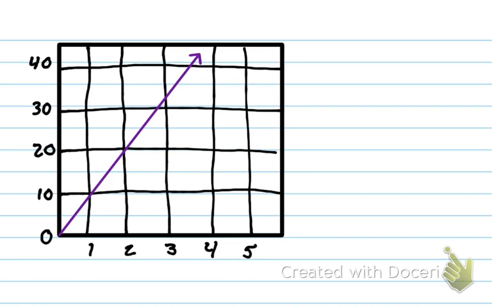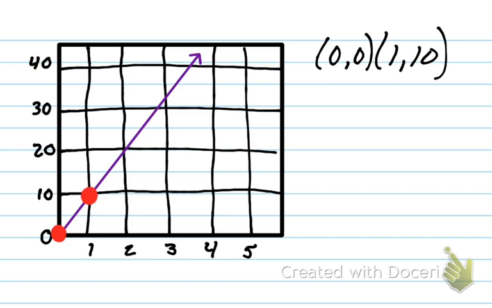Now, this one's not perfect, so I'm going to kind of start where I know I actually drew it straight. Does everybody agree this is a point? 0, 0. Okay, does everybody agree this is a point? 1, 10. Remember, it's the x value first. So write those as ordered pairs. 0, 0, and 1, 10.